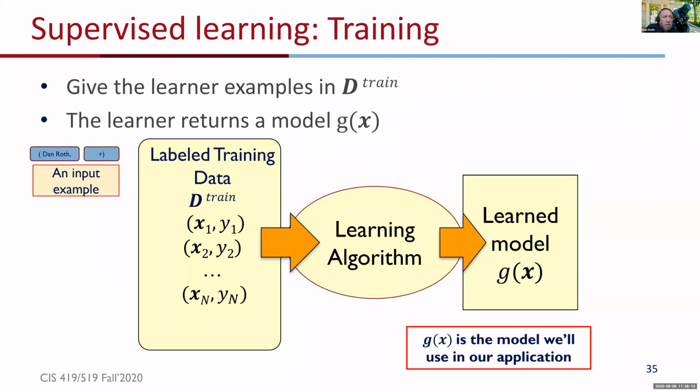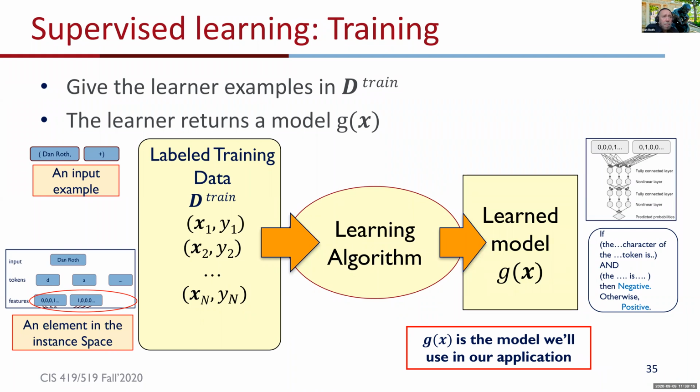For example, on the right here, I have two functions. The first one, the top one, is a neural network. It takes characters as input, as I suggested, and it does some computation over it. So there's a very, very large space of functions that this architecture can compute.